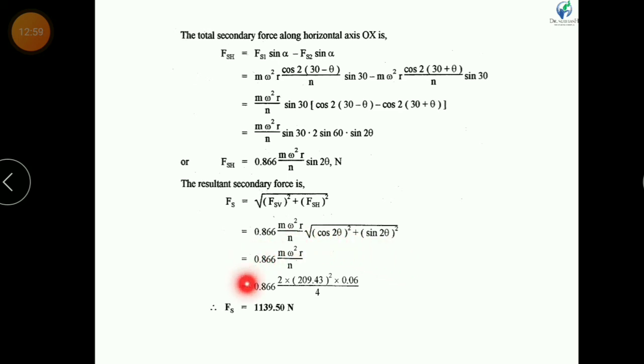If we put the value of m, omega, r, n and θ, then we get secondary force equal to 1139.50 Newton. So this is our secondary force. Thank you.